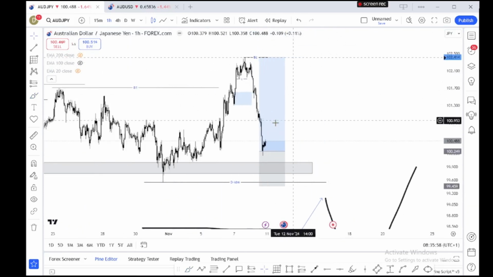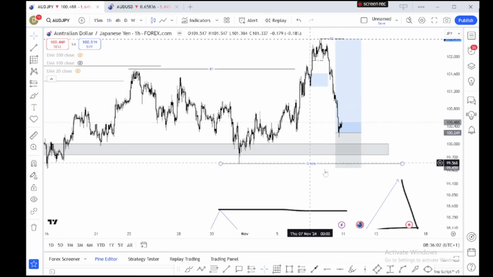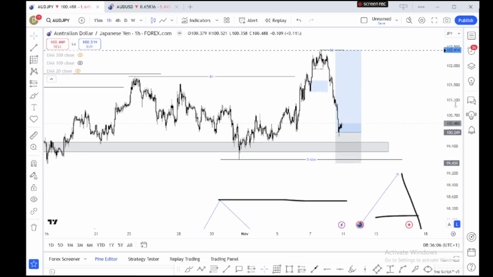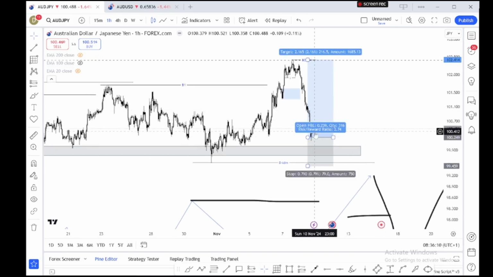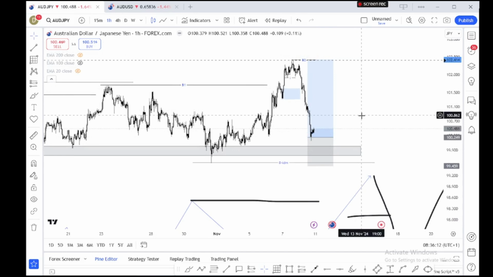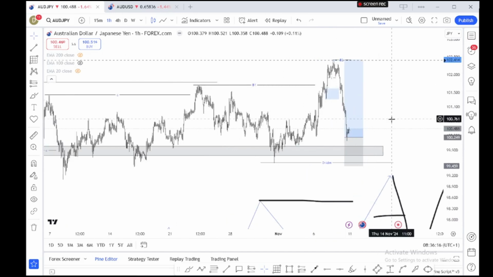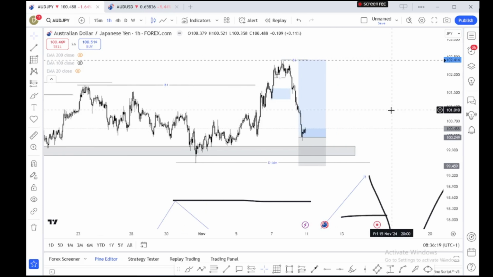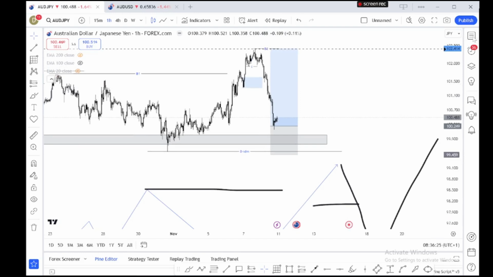Break of structure, I looked for inducement, this SMT, then I came for the buy at this extreme level. Very simple. I'm expecting the market to push up. It's 50-50, but this is my approach to the market. There's nothing new, nothing special. Let's see how this one plays out during the week.